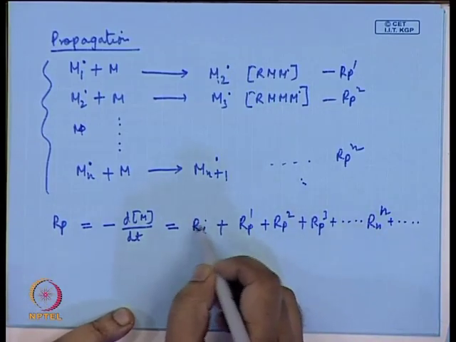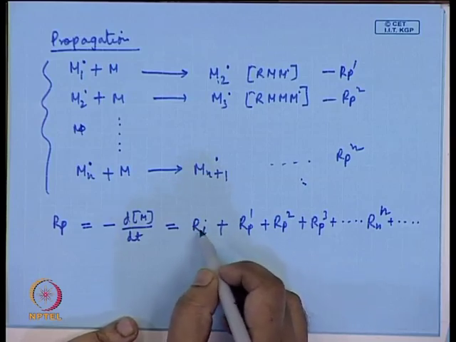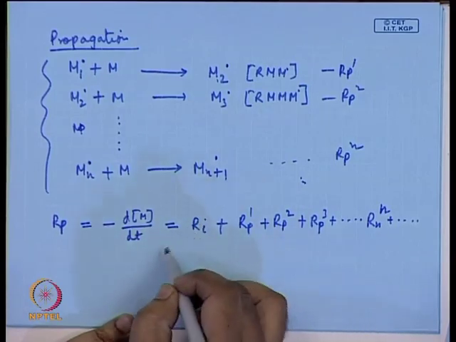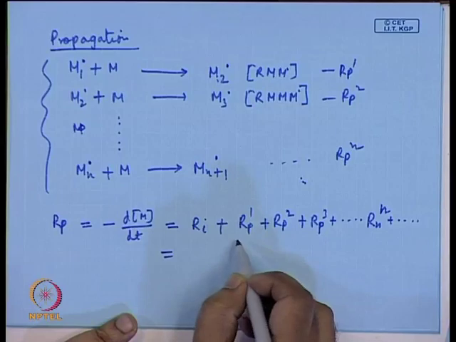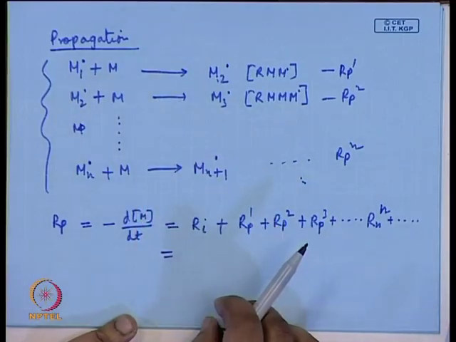Now, because a very small amount of monomer gets consumed in the initiation reaction, we can ignore this, and we can write Rp as a sum of all these propagating steps.